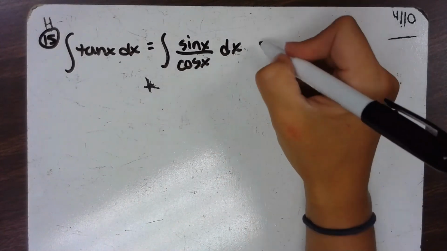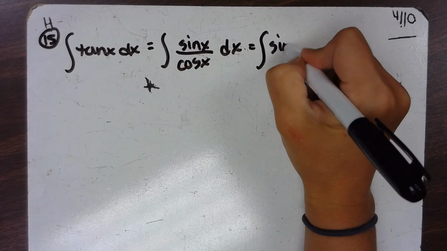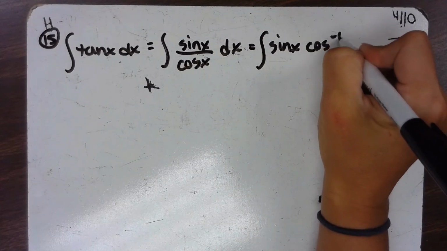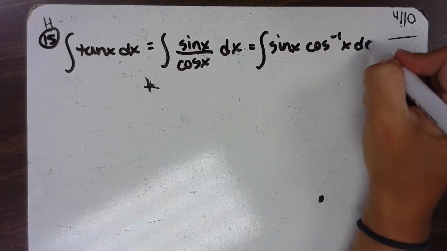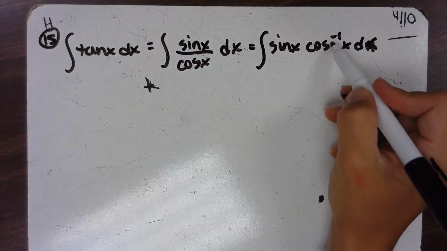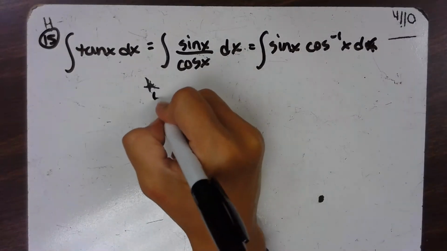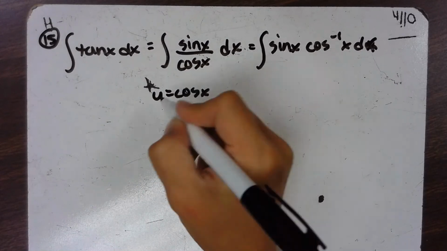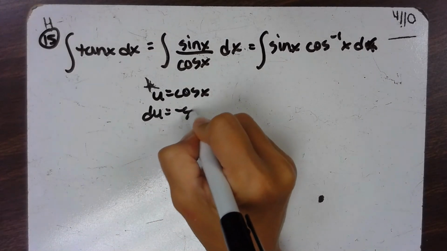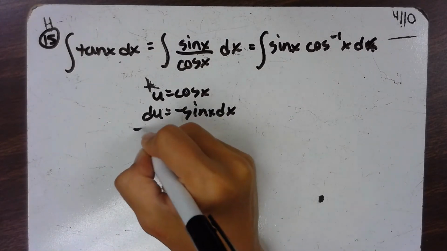What if I can change this so it's sine x cosine to the negative 1 x. Now the thing you want to make u is the thing that's raised to the exponent. So if u is cosine x, then du equals negative sine x. I'm just missing the negative.